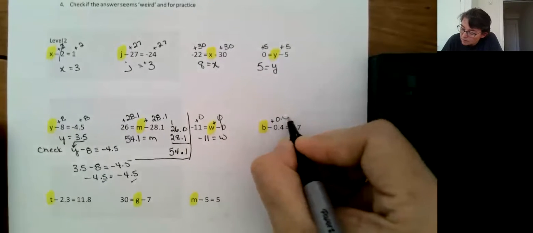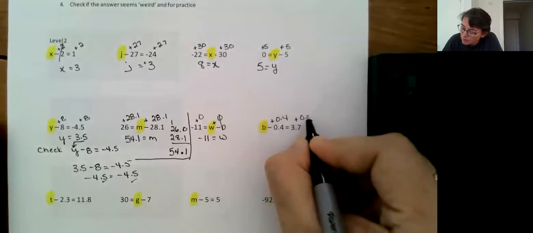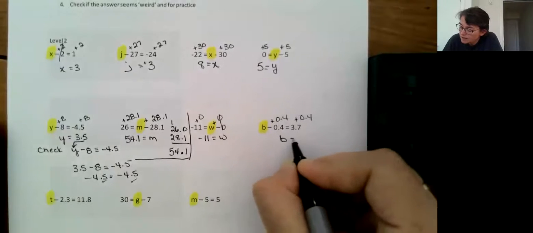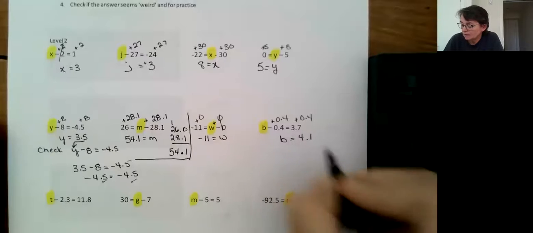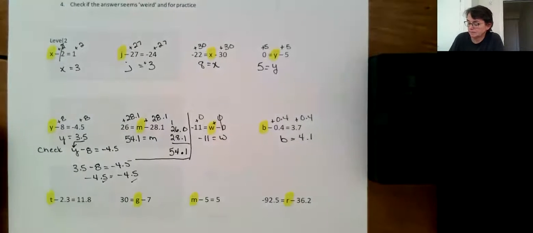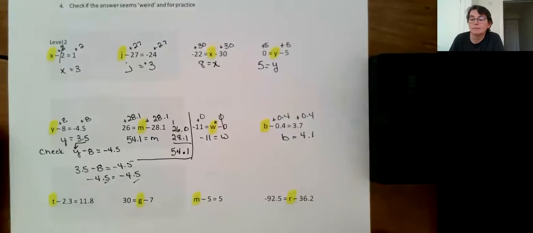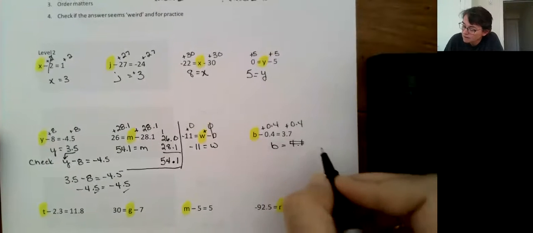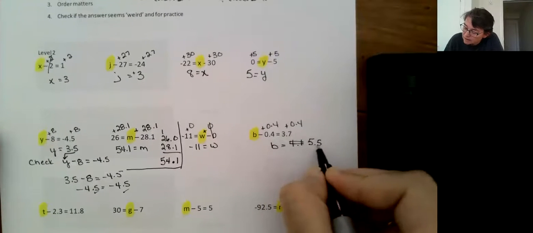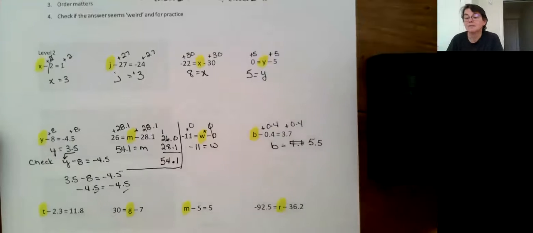Plus 0.4. So B is equal to 4.1. Okay. Now, I want to show you what happens. Let's say I made a mistake here and I miscalculated and I said that's 5.5. I don't know, I just picked a number.